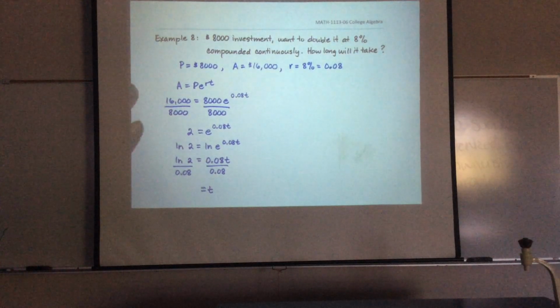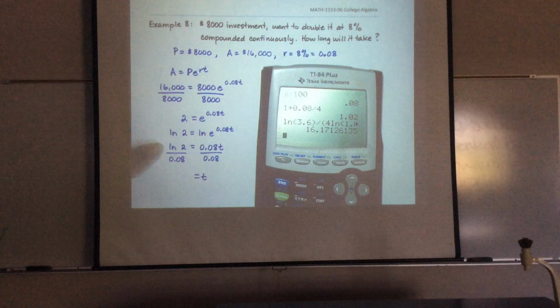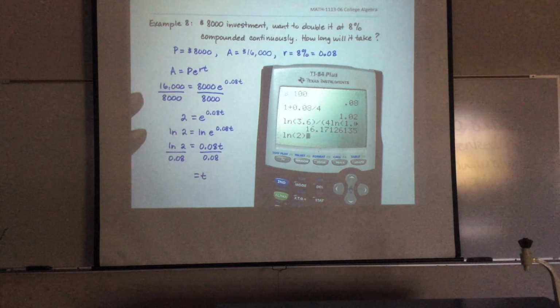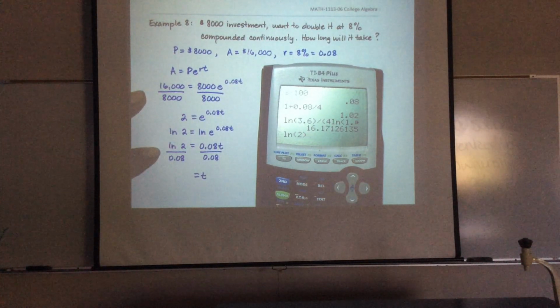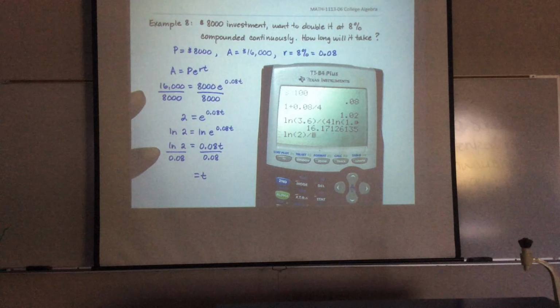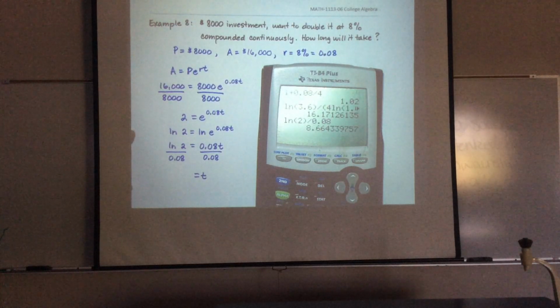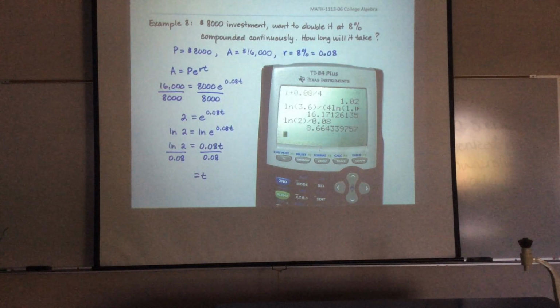So to find out what t is, here we got ln of 2. We're going to type in the ln and then the number 2. You want to make sure you close that parentheses around the 2, because you only want the natural log of 2. And that value will be divided by 0.08. And then hit enter. And let's say I want to round this off to the nearest tenth or to one decimal place.